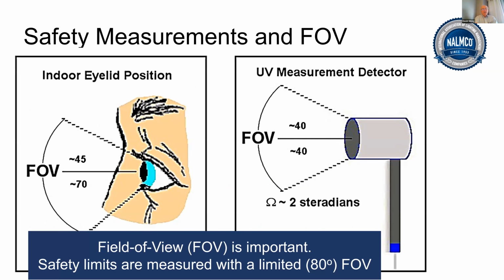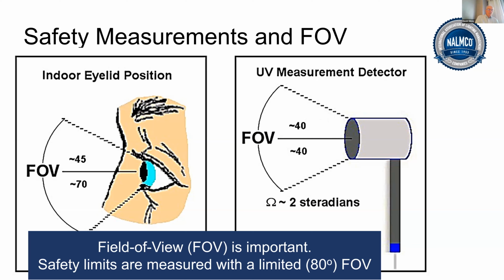I mentioned earlier that the field of view is specified in the TLV, that if you have a safety meter, in theory, you should limit the field of view to 80 degrees. And this is because the lids are only open to give you something on that order from overhead and direct.